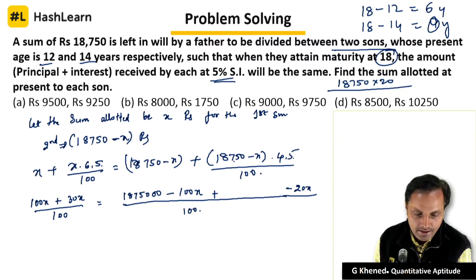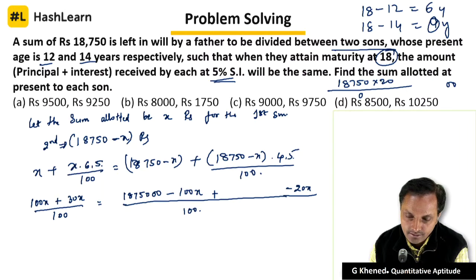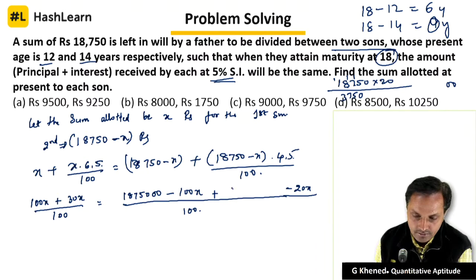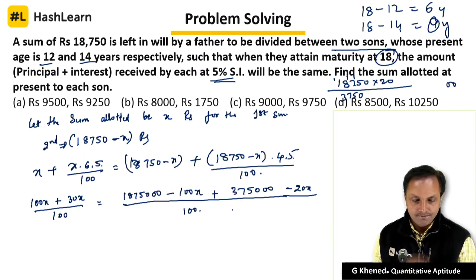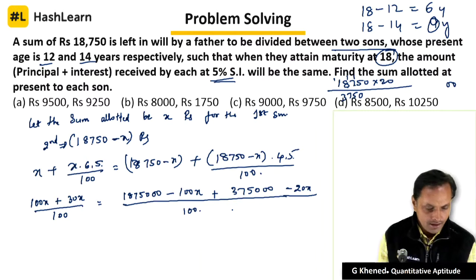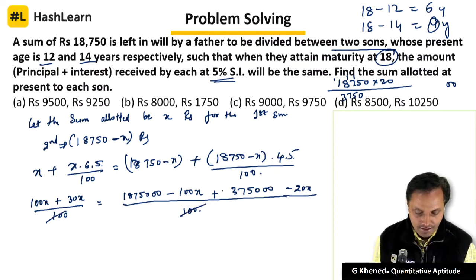So 18750 into 20, I'll take the 2 zeros outside, 5 2s are 10, carry 1, 7 2s are 14, plus 1 is 15, carry 1, 8 2s are 16, plus 1 is 17, carry 1, 2 1s are 2, plus 1 is 3, so 375000. Yes, you can do the calculations.